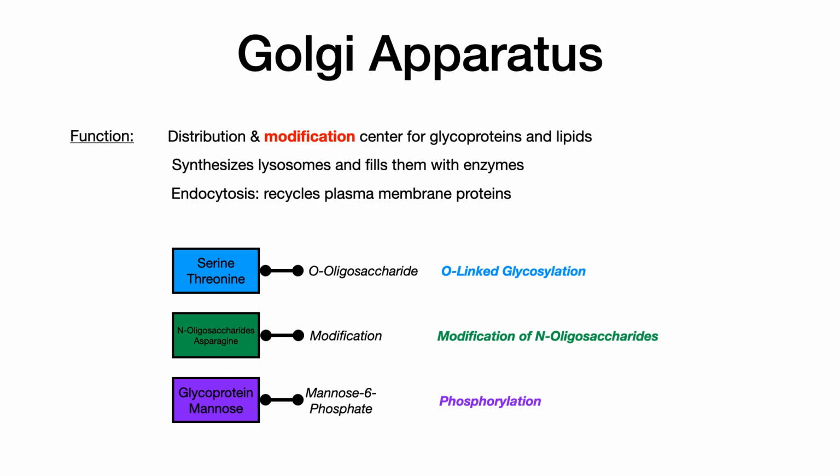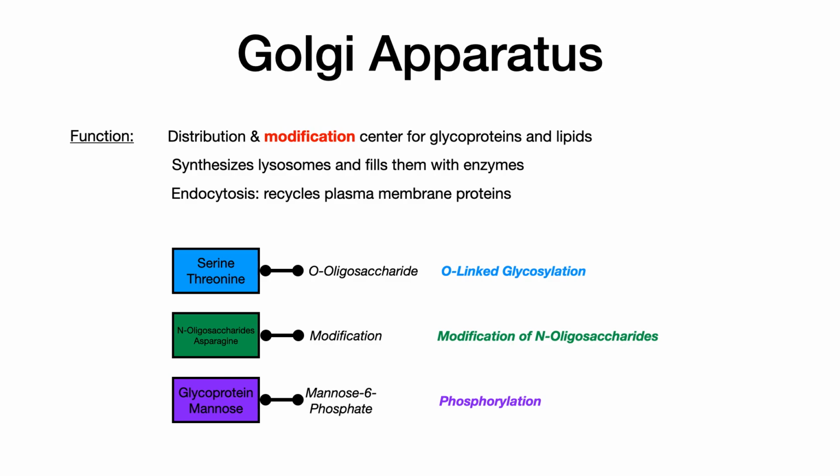Two, it can modify N-oligosaccharides, so it can modify asparagine residues, and sometimes this is referred to more broadly as modification of N-oligosaccharides. And lastly, and again I think most importantly, the Golgi can modify mannose residues by phosphorylation, so it will put a phosphate on the mannose, and then you have mannose 6-phosphate.